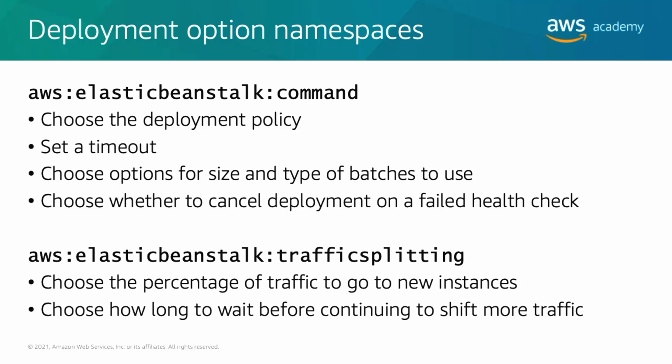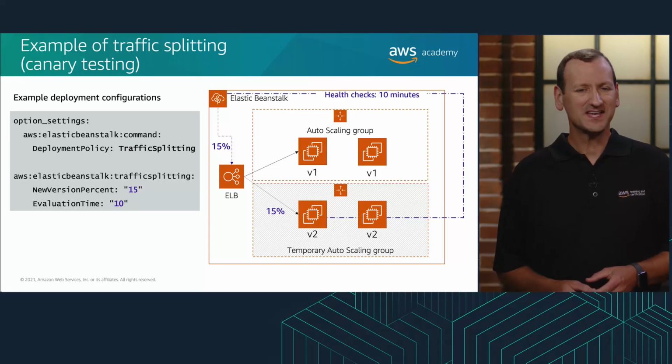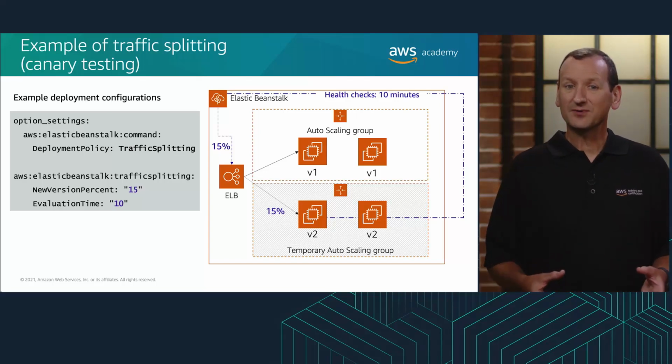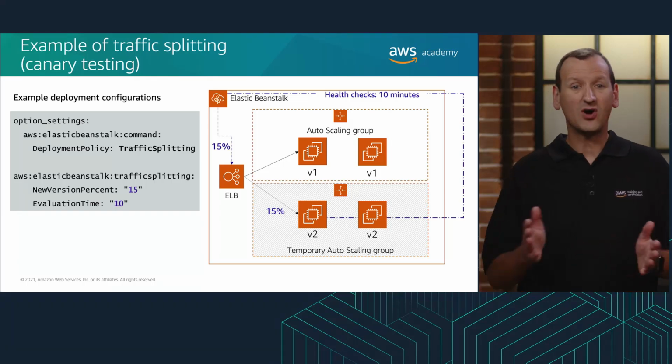You can set these deployment options by using configuration files. You can use traffic splitting deployments to perform canary testing. You direct some incoming client traffic to your new application version to verify the application's health.